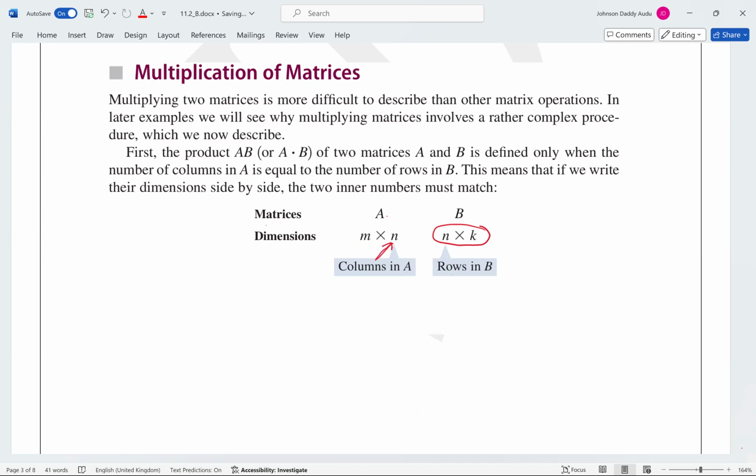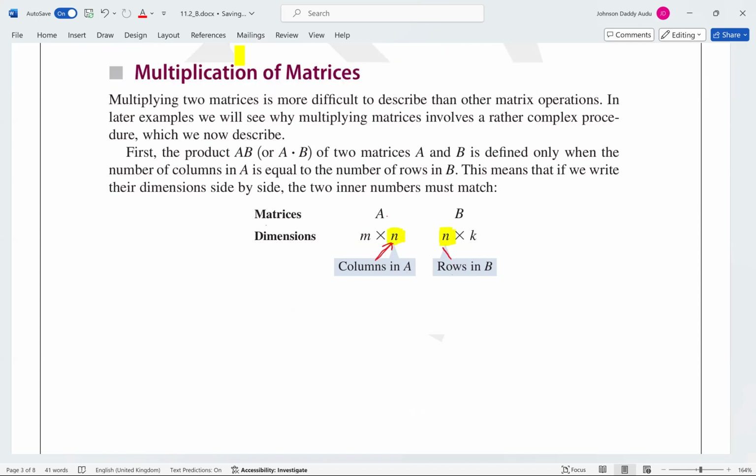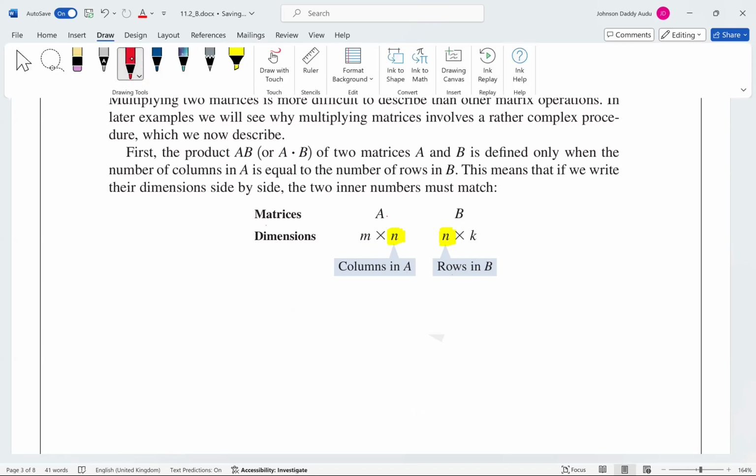Is n. What is the row in B? Is also what? N. So because they are the same, then this is okay. So it means that what? This is possible. So it means that the product AB is possible.